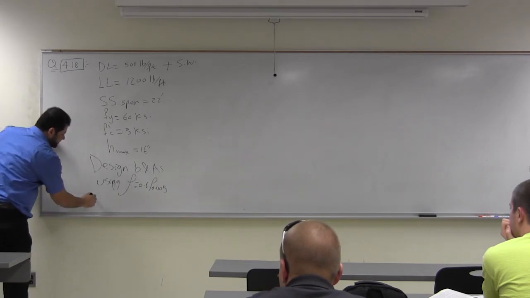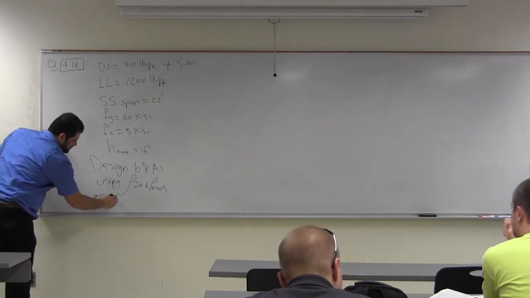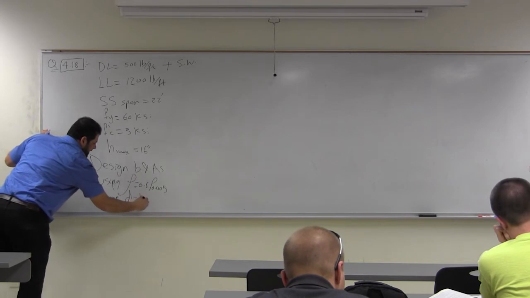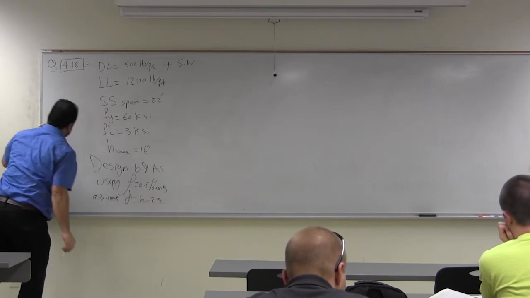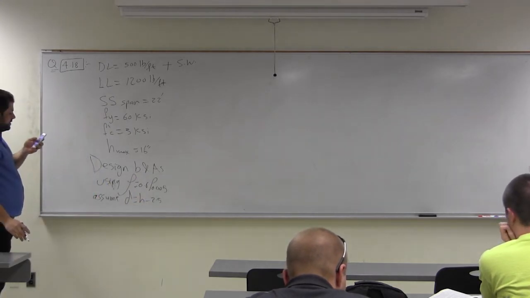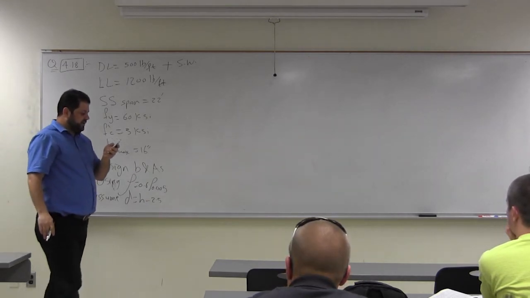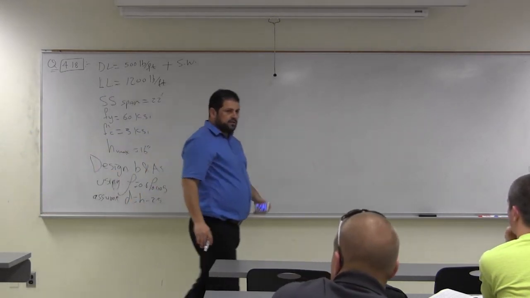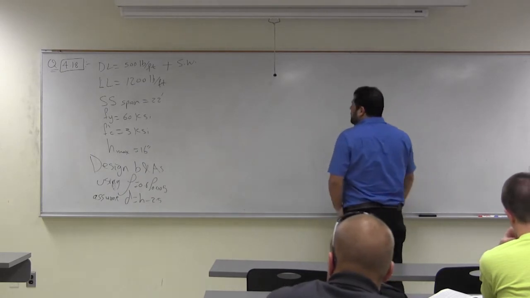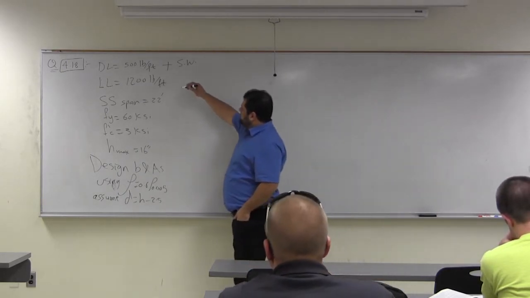He's saying assume d equal h minus 2.5. Of course, use the ACI equation. Okay, guys? This is what's given.